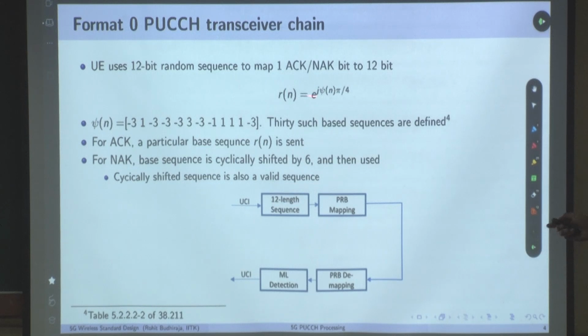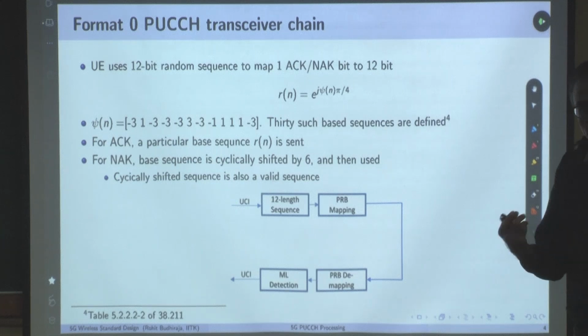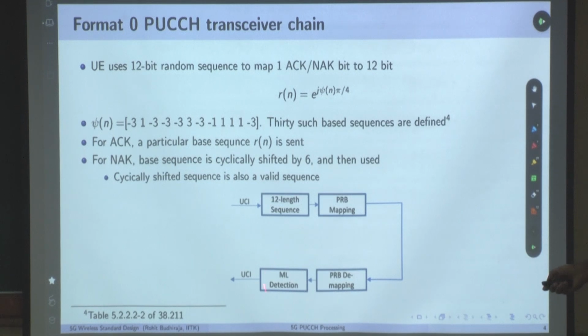You compare the received R of n with the transmitted sequences, and whichever gives you the least value, you declare whether bit 0 or bit 1 was transmitted. It's only minimum distance. Done, right?